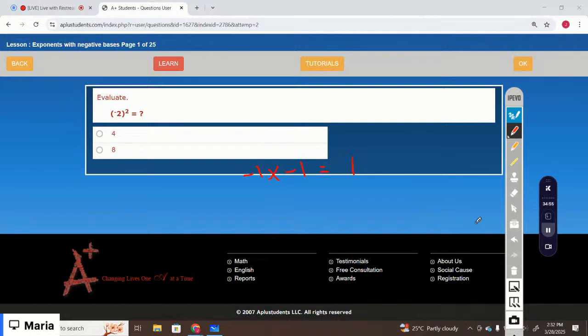Negative 2 squared. So you have to do negative 2 times negative 2. Multiplying two negative numbers means the answer is a positive number. So 2 times 2 is 4. Option number 1 is the correct option.